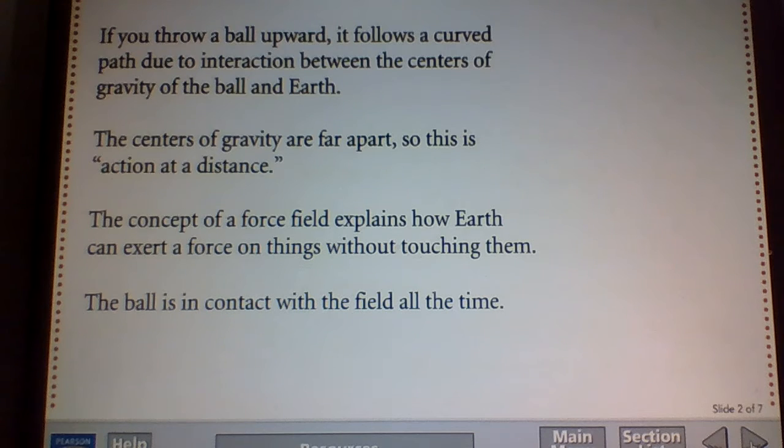So if you take a ball and throw it up, it comes back down. Why? Because gravity acts on it. Gravity is creating a force field on that ball, and because the ball is in contact with that force field, it is drawn back to the earth.